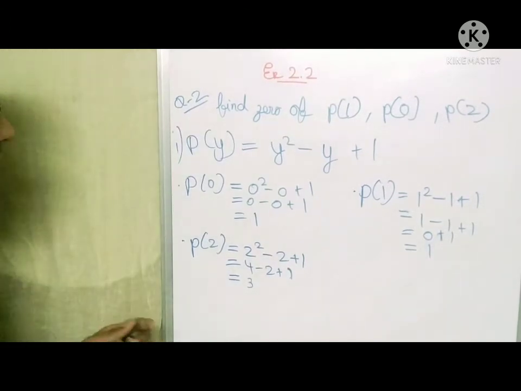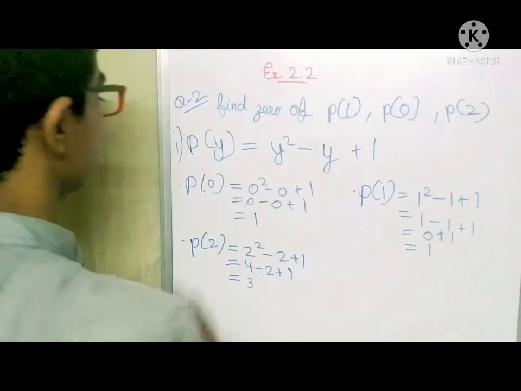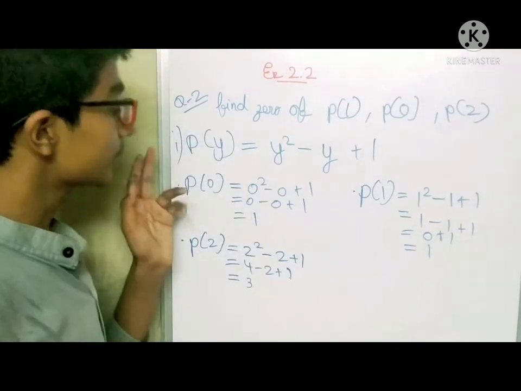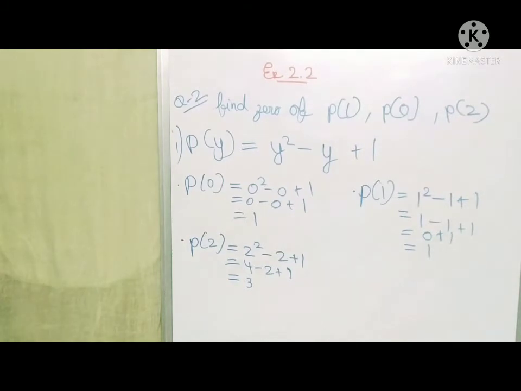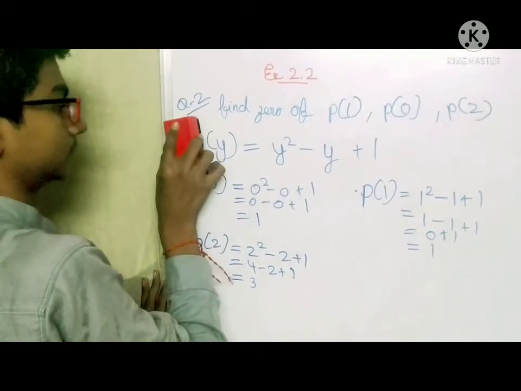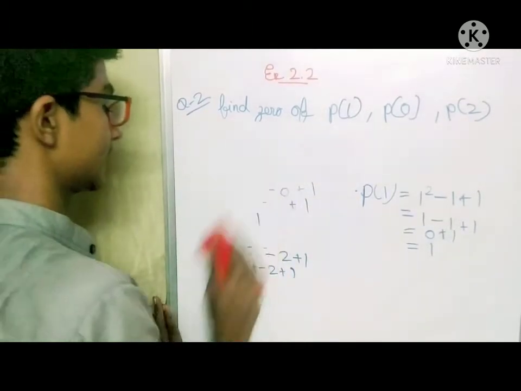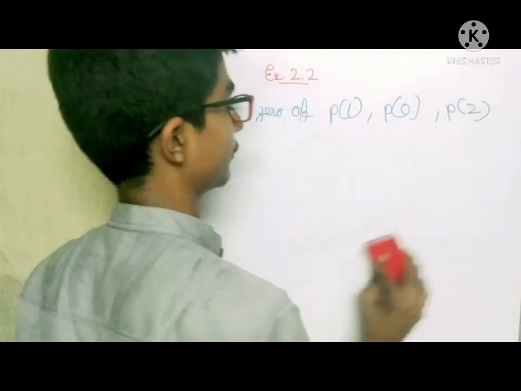So here we got all the values for the given polynomial. So this was question number 1, this was part 1 of question 2. Now let me see the textbook first, then I'll say which part of question number 2.